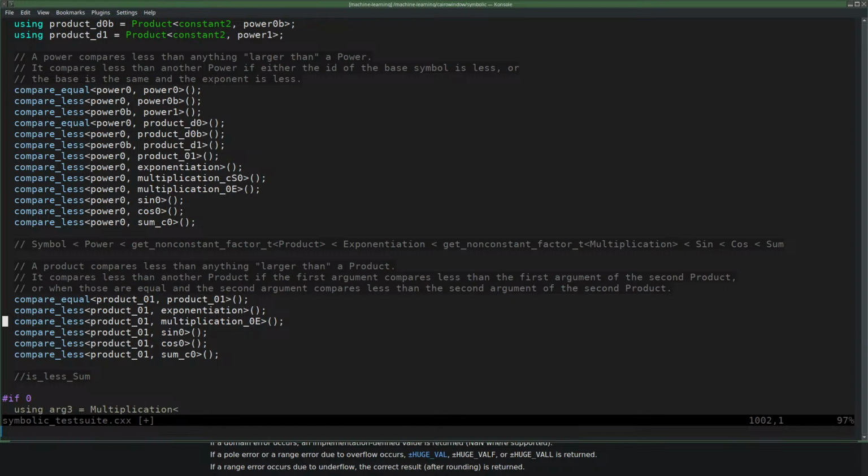I think the point is it is simply also less than a multiplication of a constant.